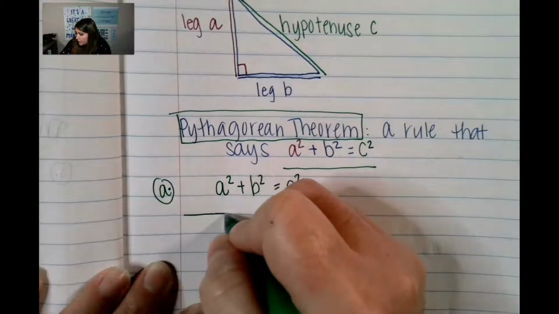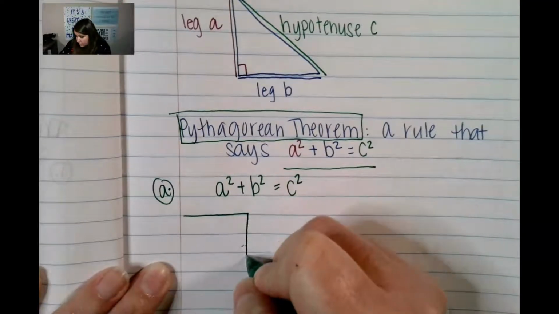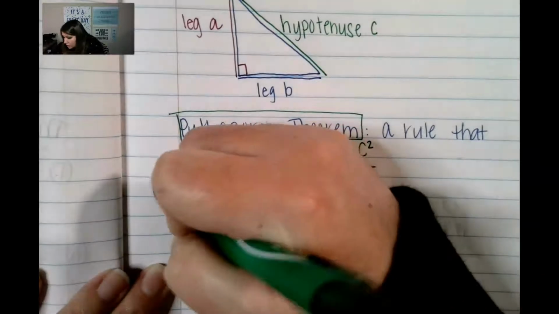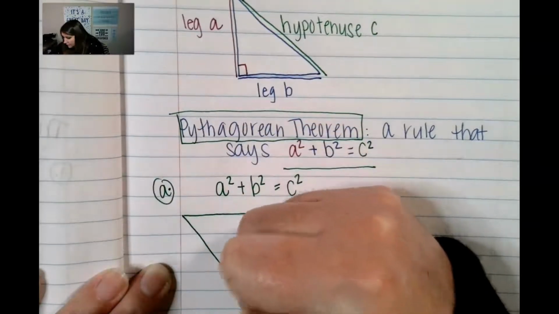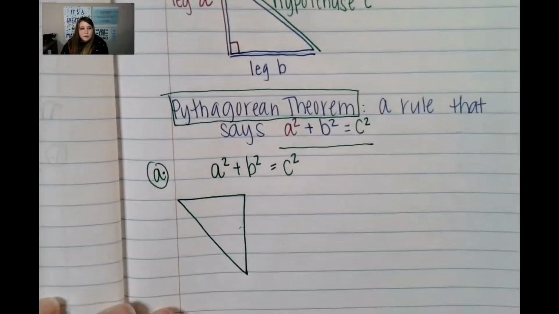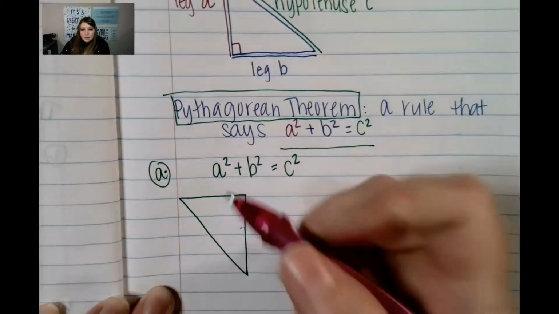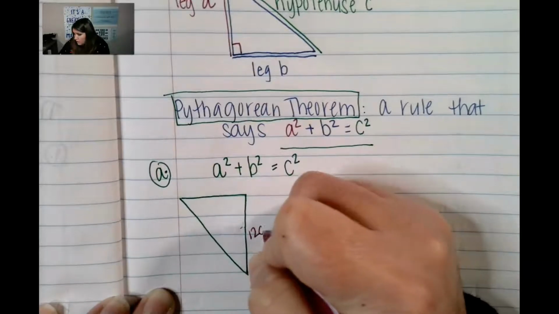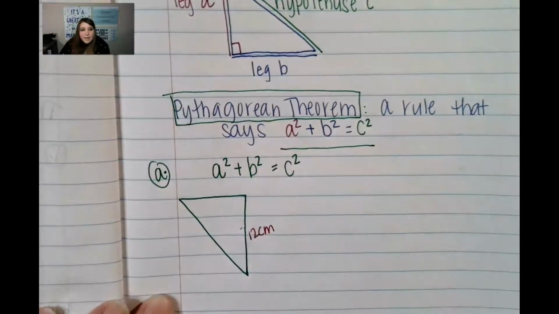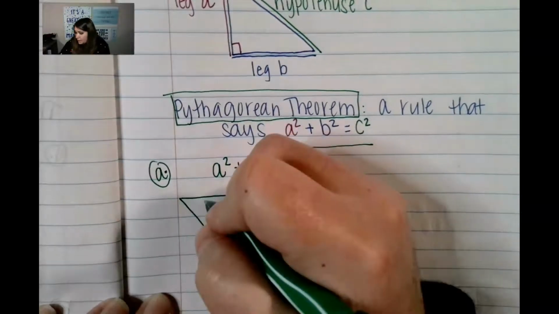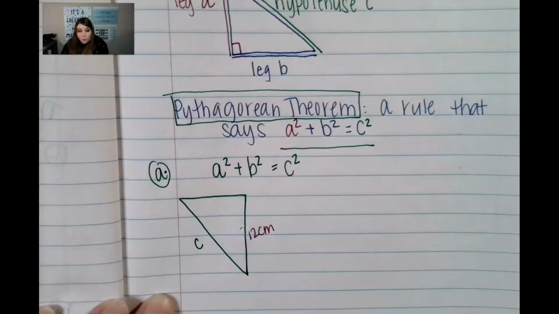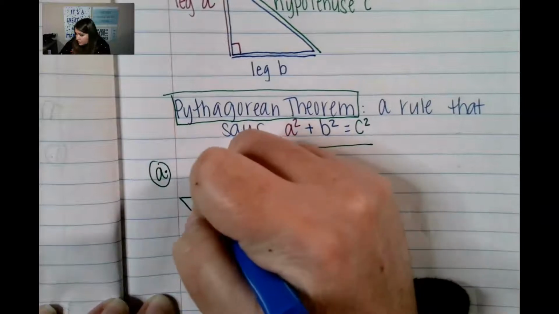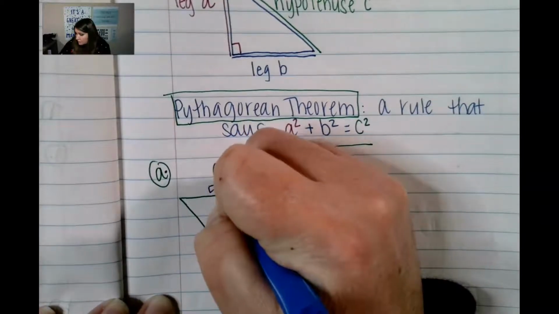So we're going to have a triangle, and it's a right triangle, and your right triangle looks like that. One side is 12 centimeters, and another side we don't know, and then we have another leg that is worth 5 centimeters.